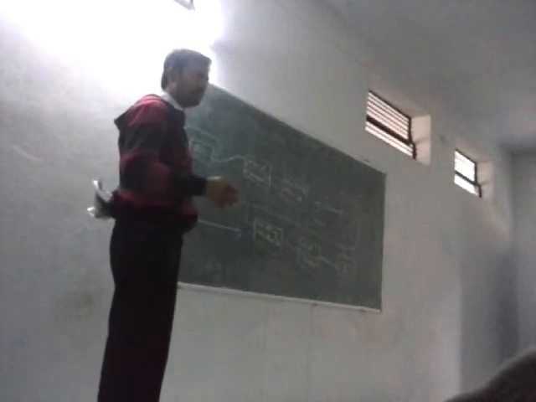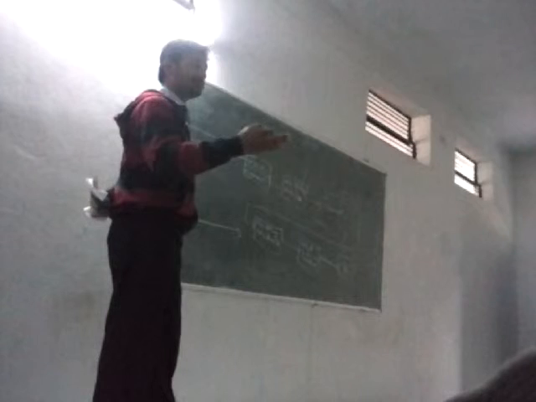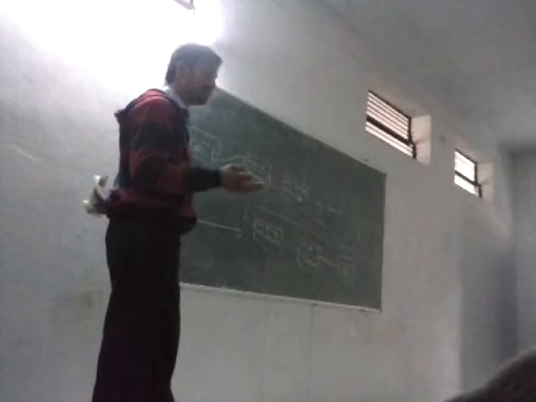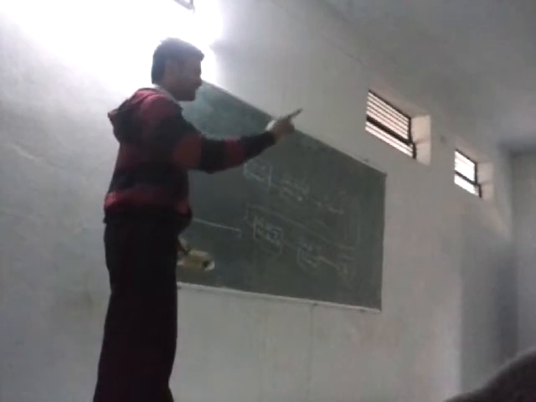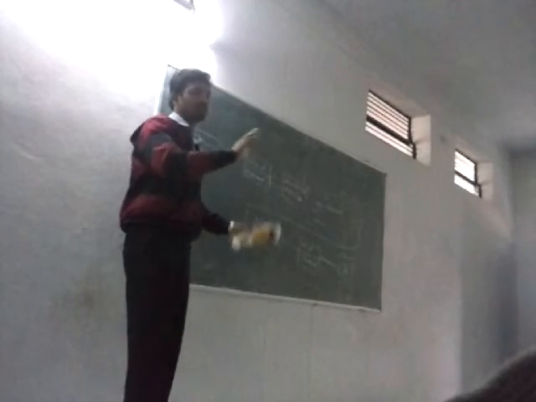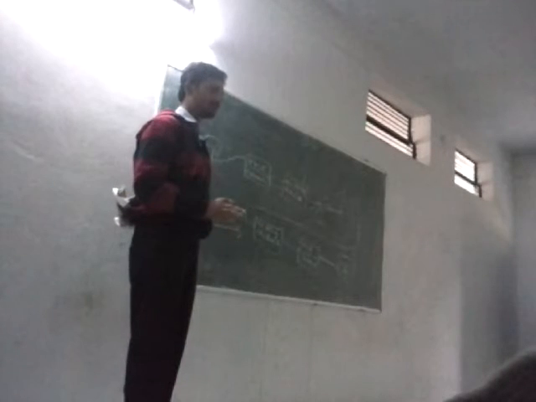According to that formula, if you want to make a wireless call, then obviously your frequency will be very high. Otherwise, your antenna should be very high. So that is not possible. You can't increase your antenna height.